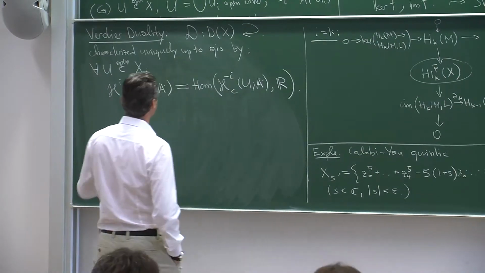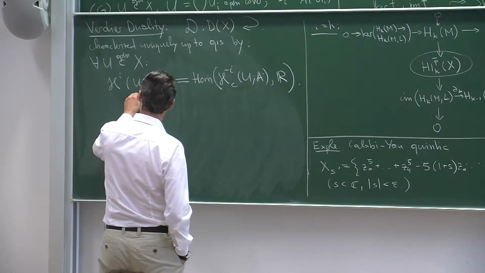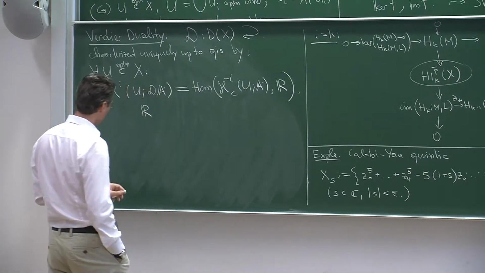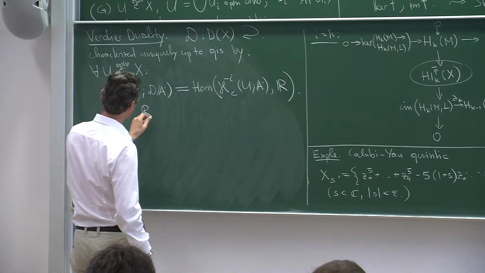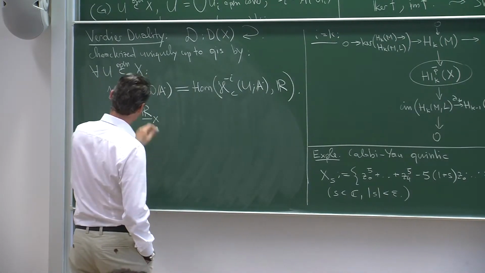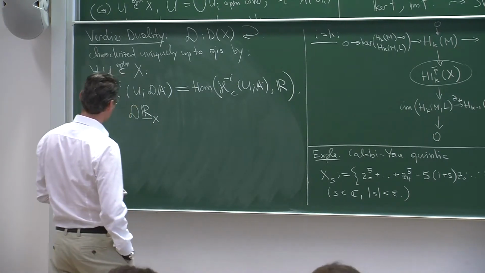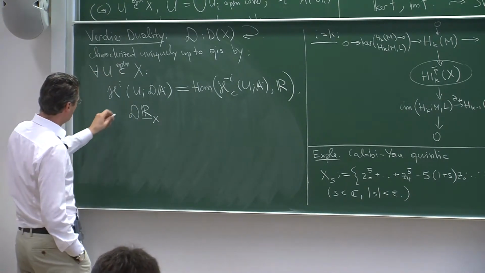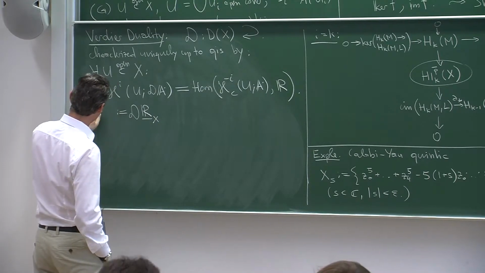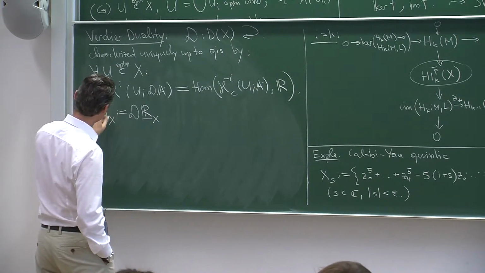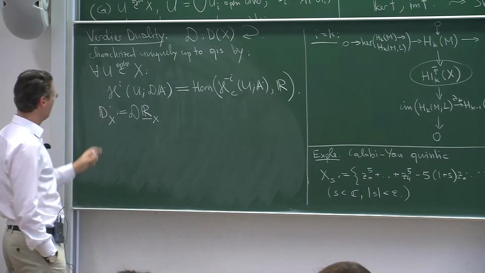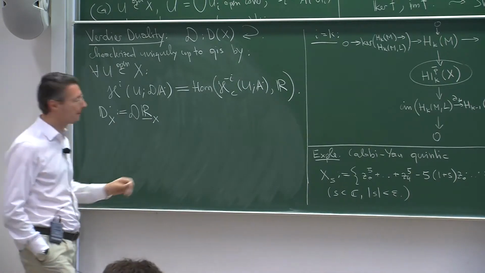Now you can define various other concepts here. For example, if you take the constant sheaf R on X and you apply the Verdier duality functor to it, you get a certain complex called D_X dot, and this is called the dualizing complex.